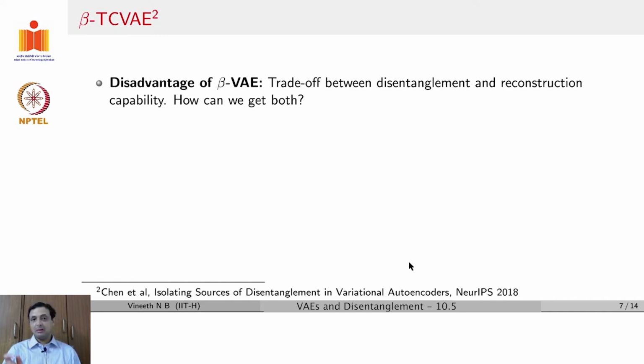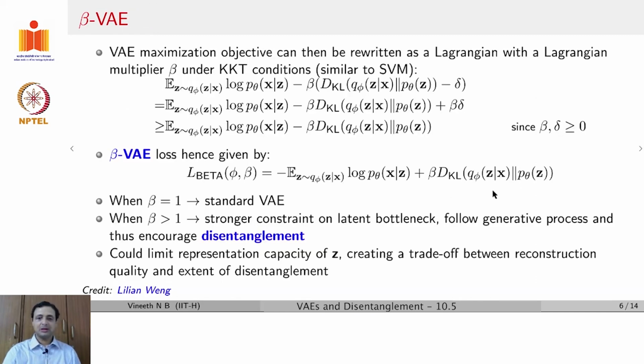By increasing beta in a Beta-VAE, we get better disentanglement, but the training procedure now thinks that the second term is more important, and the first term is slightly less important.